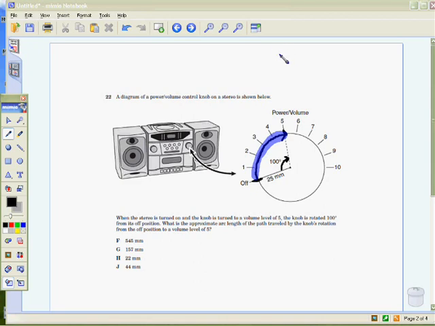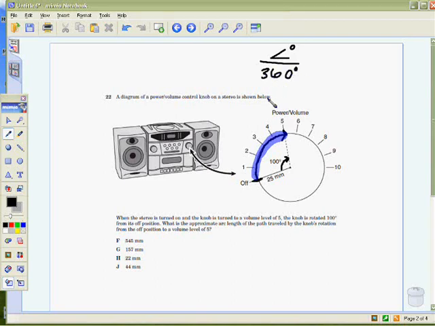And that formula is this: the angle that you're talking about, that angle in degrees, over 360 degrees, because there's 360 degrees in a circle, equals the arc length divided by the circumference of the circle. Let's put that into practice.